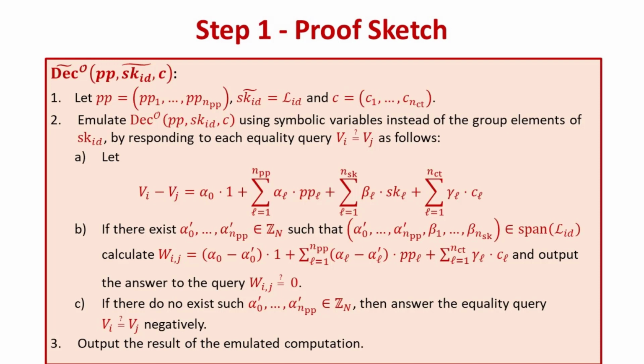If we cannot find such a replacement, then we answer the equality query negatively. Using our lemma from the previous slide, we do not expect to discover any new equalities that are not already included in the space spanned by LID, and therefore the emulation is correct with high probability over the internal randomness of all algorithms. So that concludes step 1.